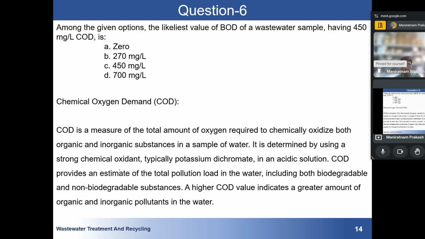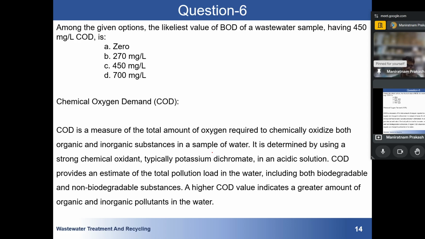It is a measure of the total oxygen required to chemically oxidize both organic and inorganic substances in a sample of water. It is determined using a strong chemical oxidant, typically potassium dichromate, in acidic medium. So we take our sample, add dichromate, and add some acid to make an acidic condition.